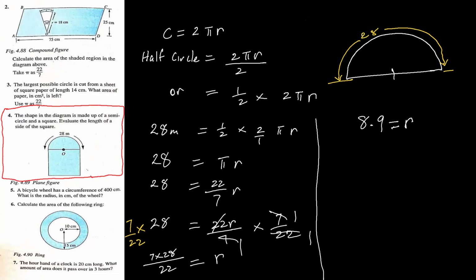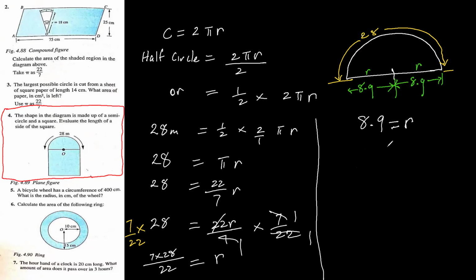But this 8.9 is only part, because it's the radius. So this part will also be 8.9.